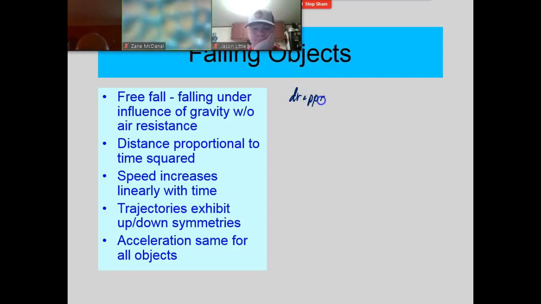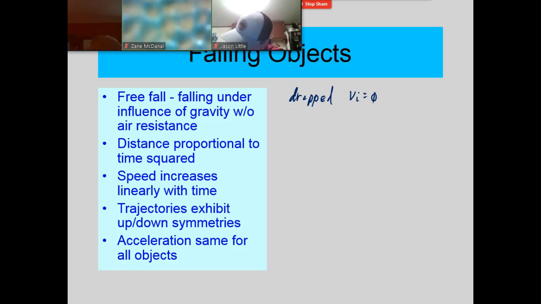What does it mean to drop something? In physics, what do you pay attention to? The deal is that means the initial velocity is 0. You see, if you threw something, then you give it an initial velocity. When you drop something, you just release it, so its initial velocity is 0. So that's what that word means for you.